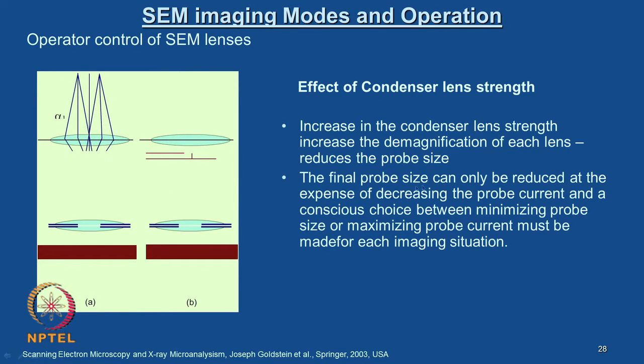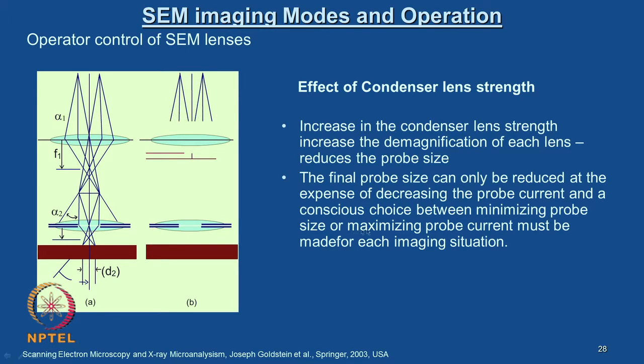The final probe size can only be reduced at the expense of decreasing the probe current, and a conscious choice between minimizing the probe size or maximizing the probe current must be made for each imaging situation.